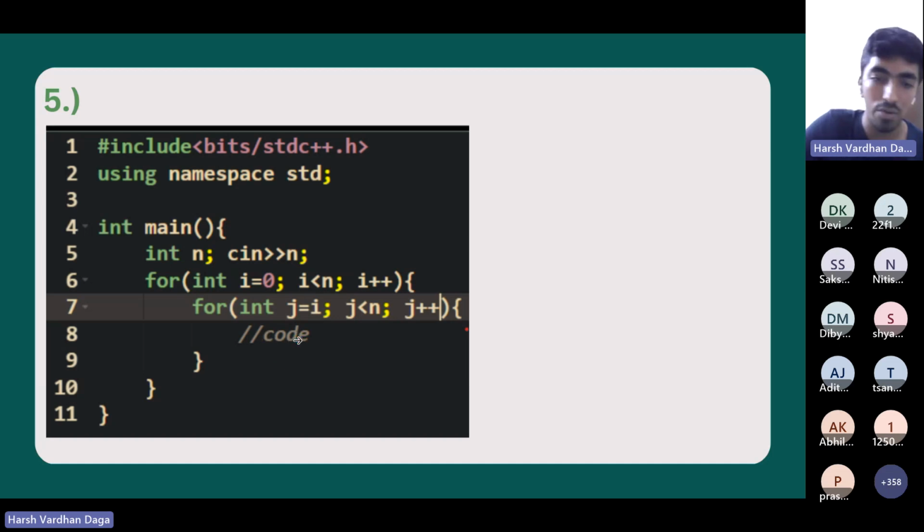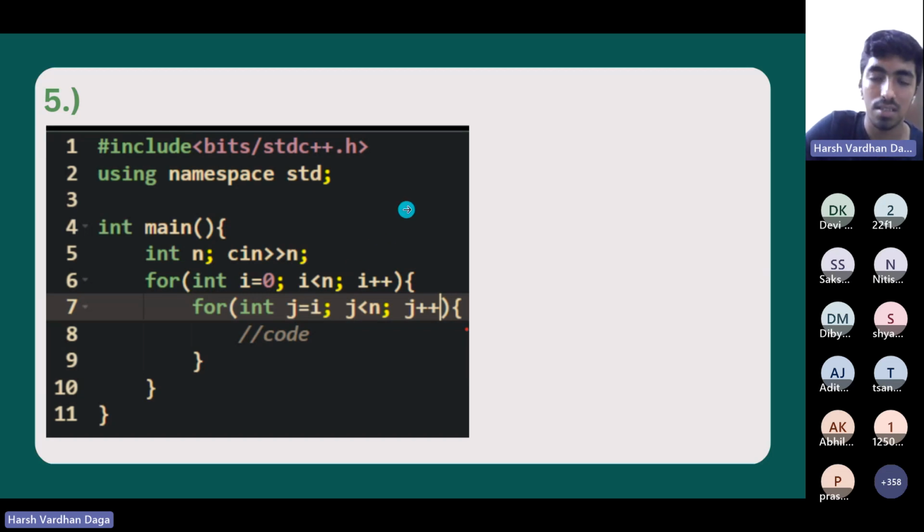So when i is 1, the code executes n minus 1 times, and when i is 2, j starts from 2 and goes till n, so this time the loop runs n minus 2 times. The total number of times this loop runs is n plus n minus 1 plus n minus 2 till 1.